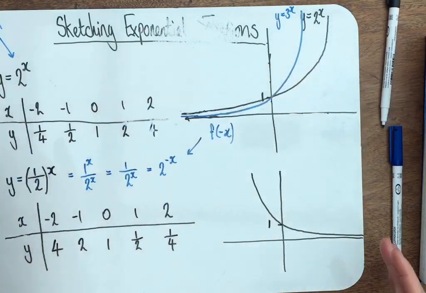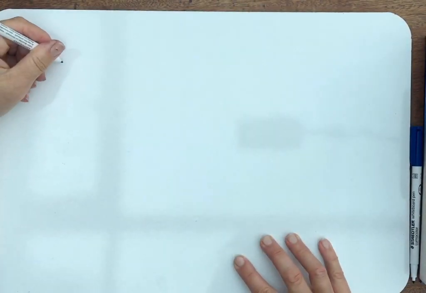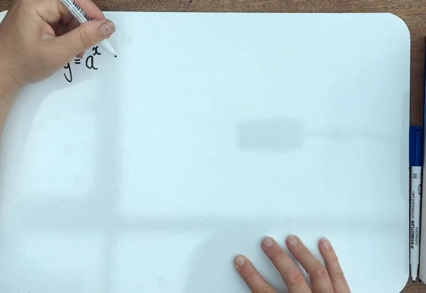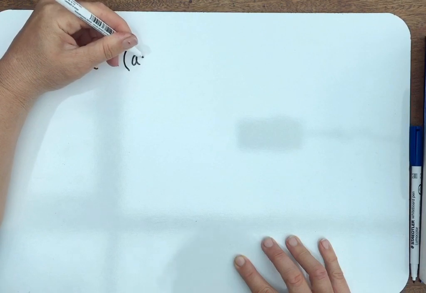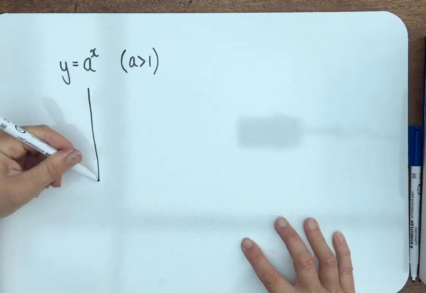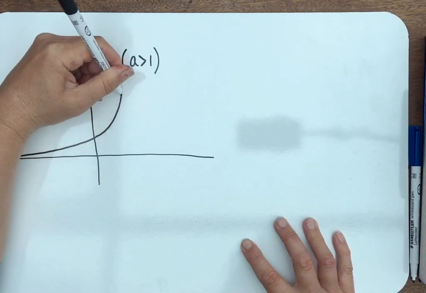So the two things to glean from there, first of all, get a cleaner board. So if you're sketching y equals a to the power of x, and a is bigger than 1, so this is quite important, then you will have this general shape. A to the power 0 is always 1, so they're always going to pass through 1 on the y-axis.